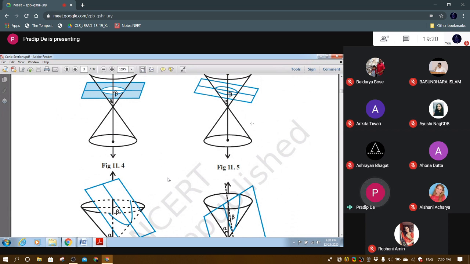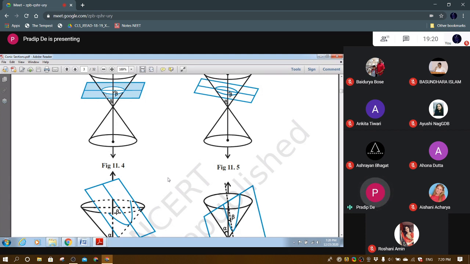Not always. You have to tell me in which case it will be a straight line. Now by changing the angle, you get different cases. Can you explain the different cases?